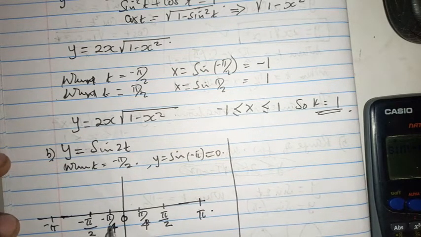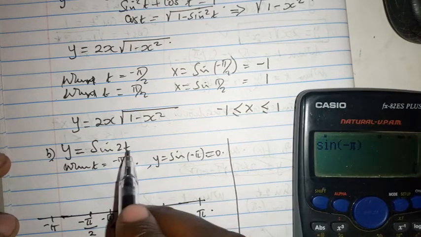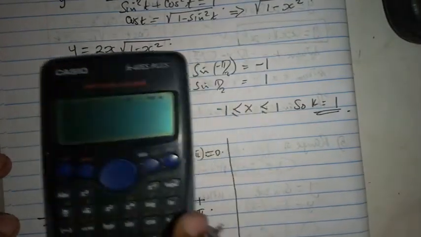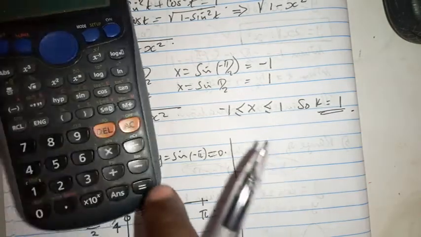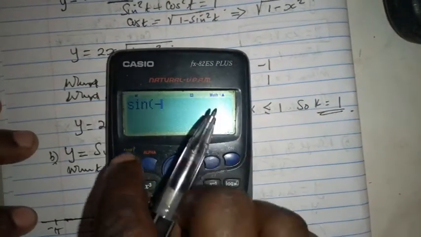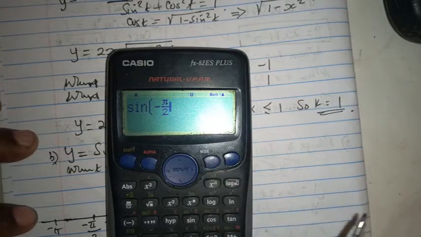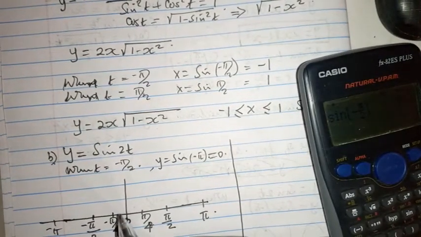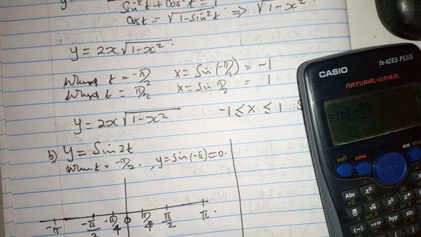So when t is minus pi over 4, 2t becomes minus pi over 2. So when we're talking about the sine of minus pi over 2, close bracket, you get -1.